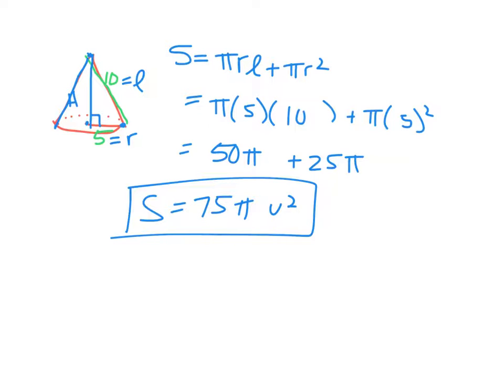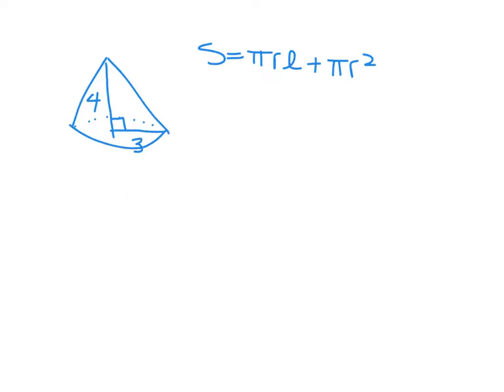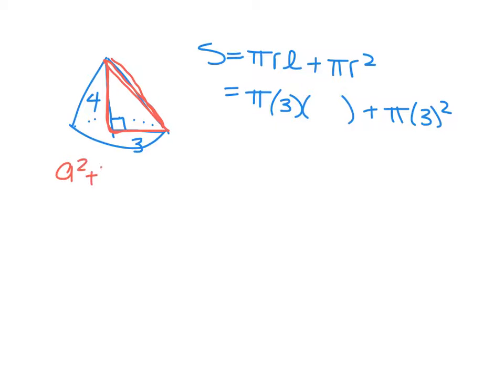Okay, so let's look at one that's a little different. So here again, another cone, not the best drawn cone, but there's pi, there's r, and then L's actually missing. L, remember, is slant height, and it would be the slanty height here. But as you can see, it forms this triangle. So we can again do Pythagorean theorem.